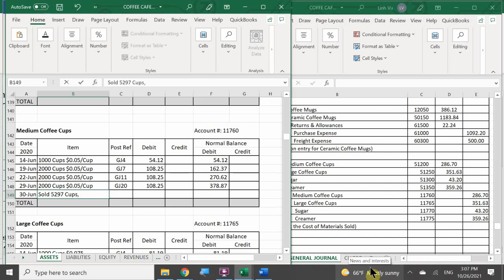So how much do we have remaining? We have a total of 7,000. 7,000 minus 5,297 is 1,703.